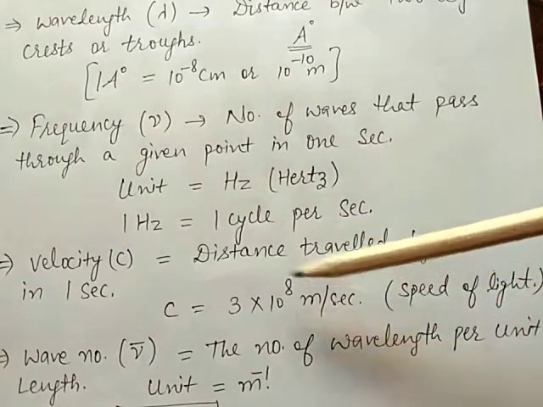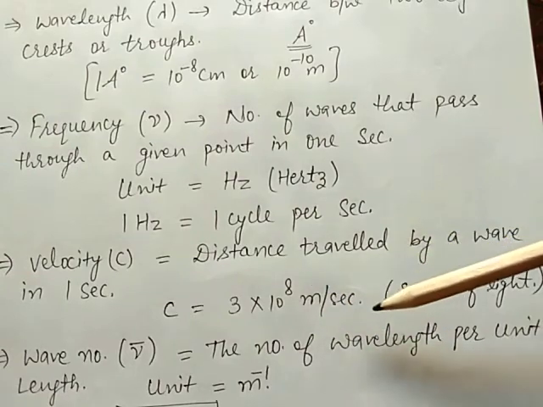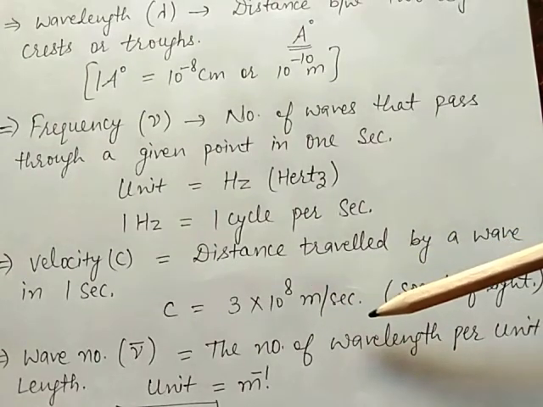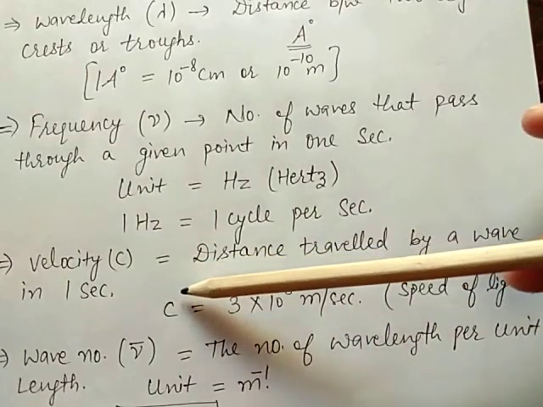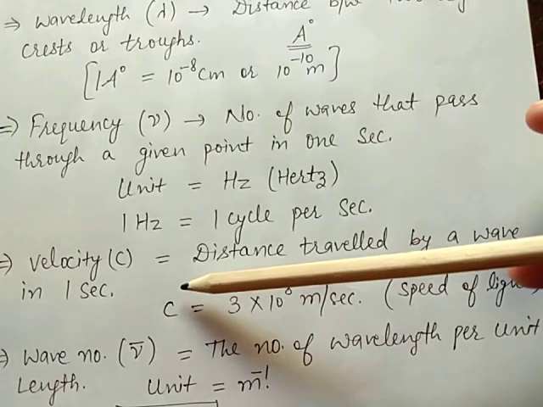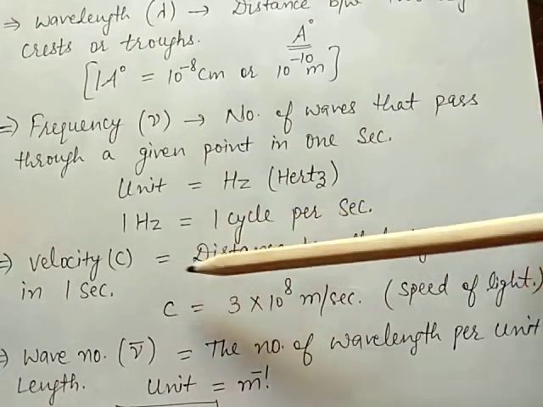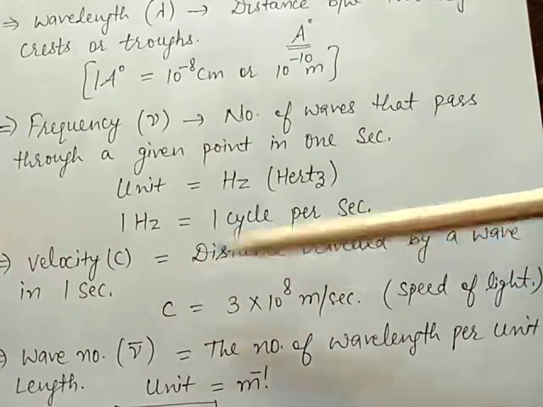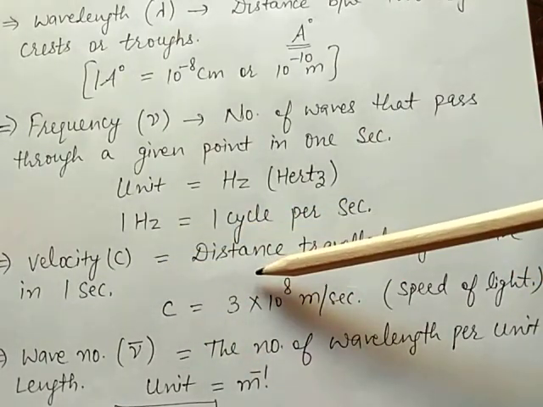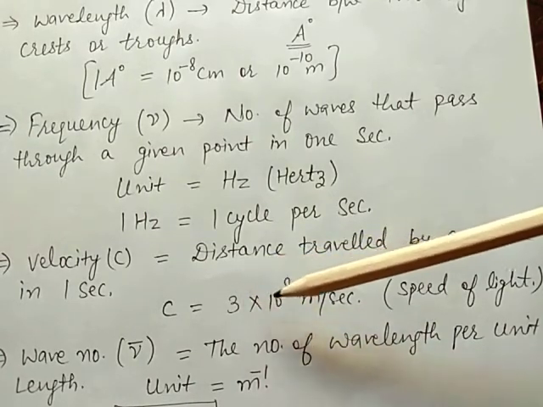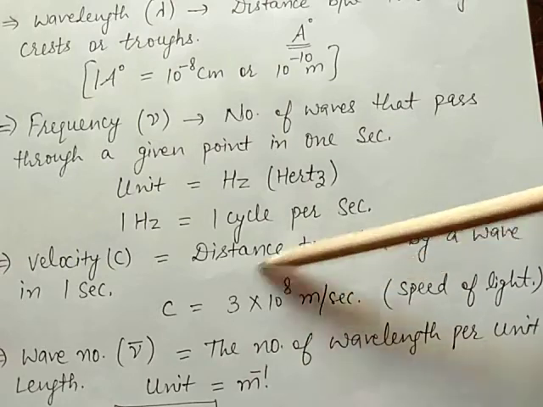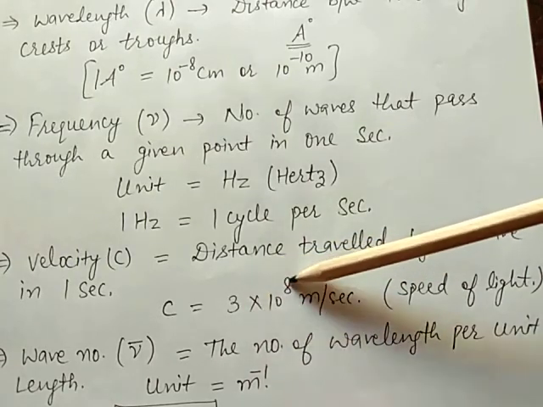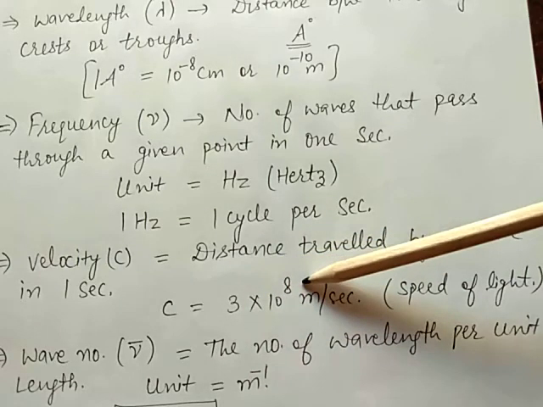Its unit is meter per second. Its symbol is c. In vacuum, all types of electromagnetic radiations travel with the same speed, that is 3 multiplied by 10 raised to power 8 meter per second.